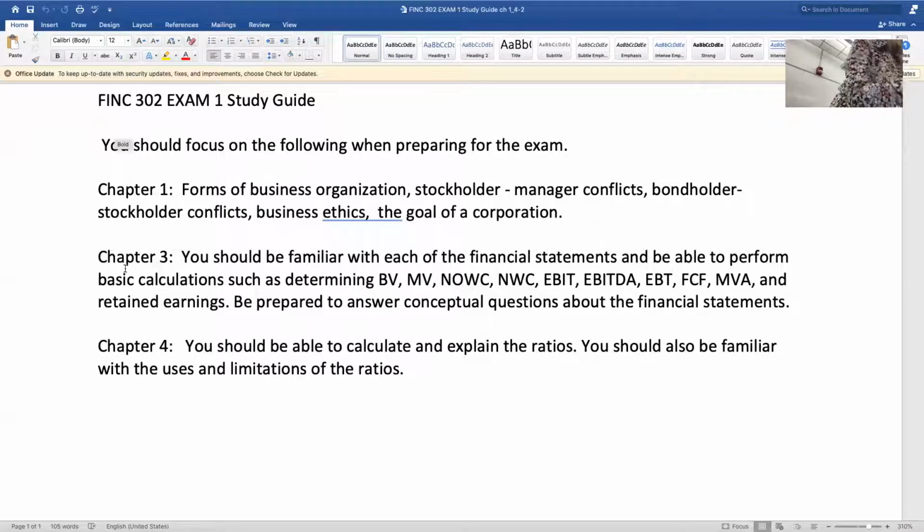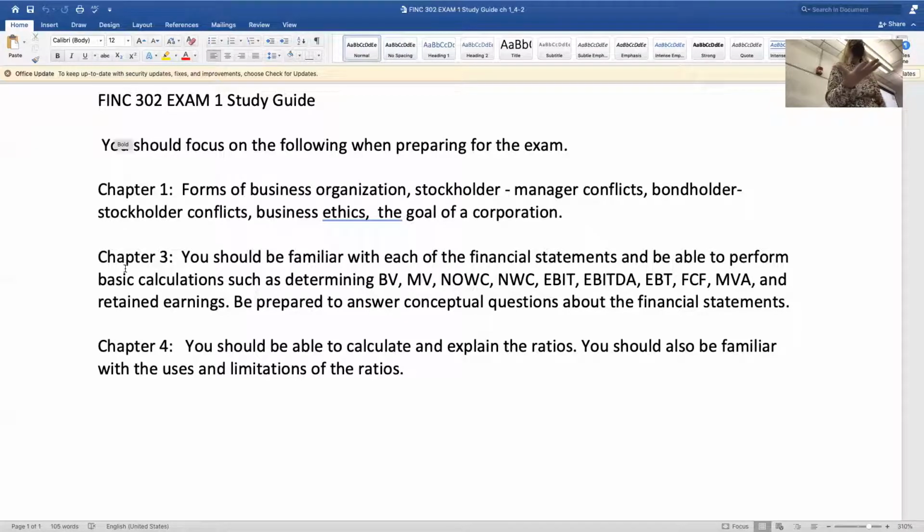The net operating working capital, which is on page 71, and the net working capital, which is on page 70. The operating income, or EBIT, which is on page 75.